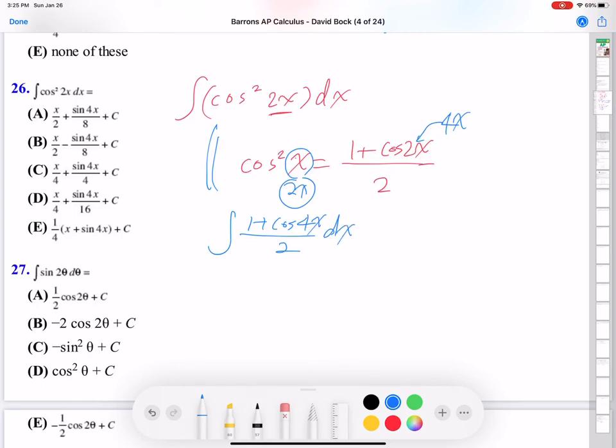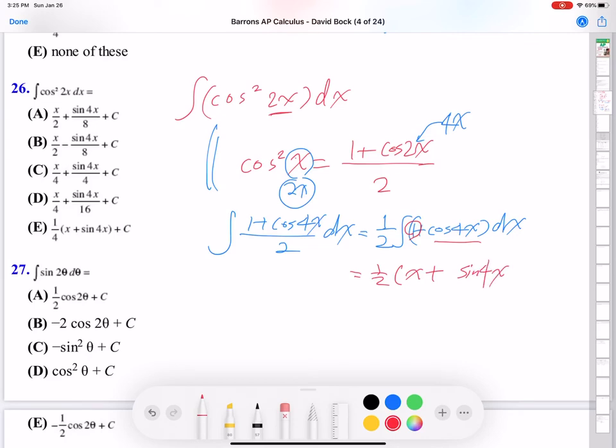Okay, so 1 over 2 is the coefficient, right? Integral 1 plus cosine 4x dx. 1 over 2, the integral of any number is that number times x, so that is x. Cosine's integral is positive sine, so sine 4x.